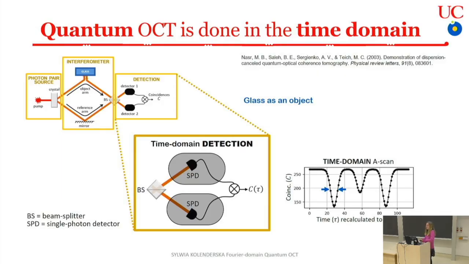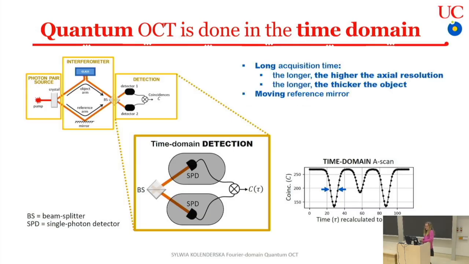But it's not as simple as that. In quantum OCT, we have a dip corresponding to one interface, another dip corresponding to the other interface in the glass, but also another element in the A-scan that's an artifact. That is one of the shortcomings of quantum OCT, quite unresolved yet.